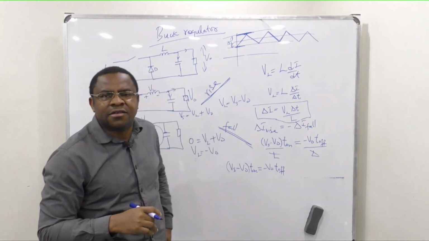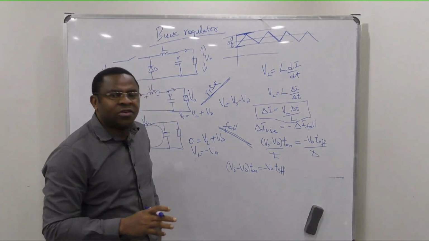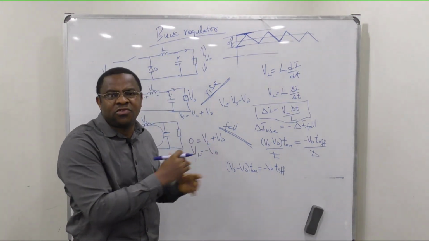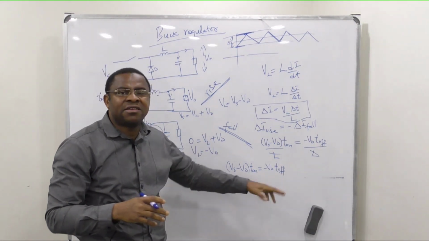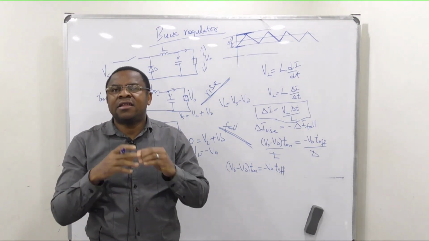Did you get it? Just check the time. All right, so it means that we can even substitute the values, because I need to eliminate time on and time off.